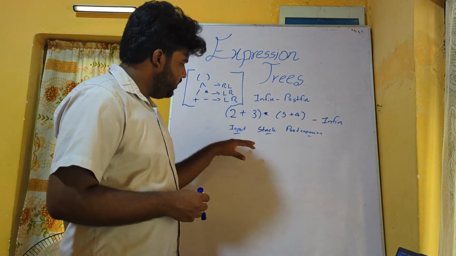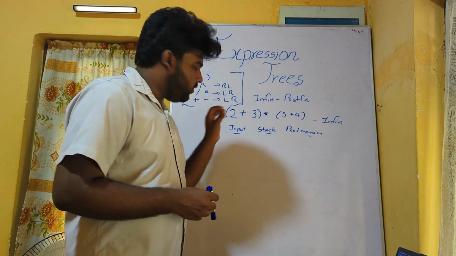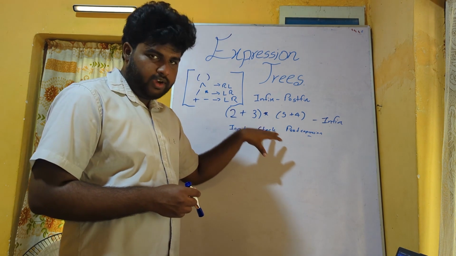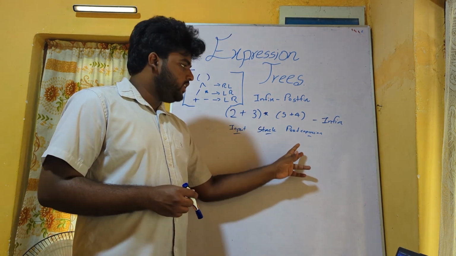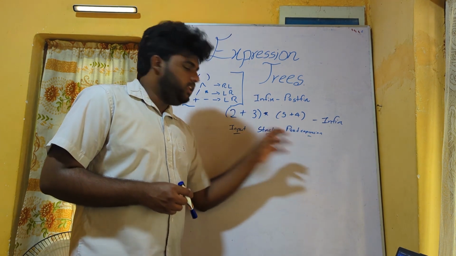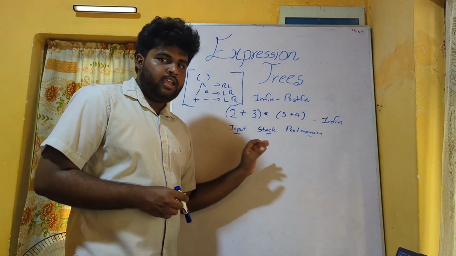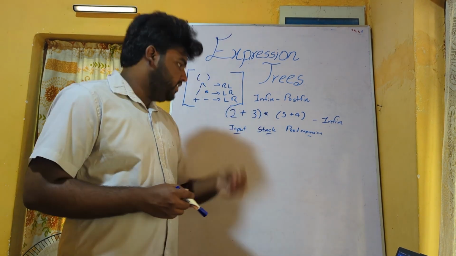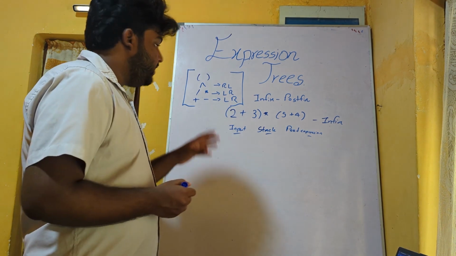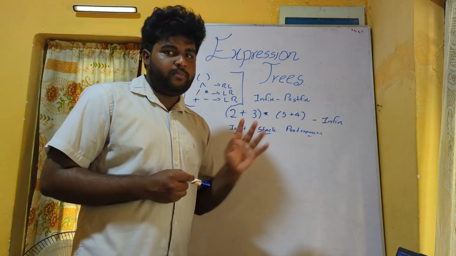But if the input operator's precedence is lower than the operator in the stack, then you need to pop the operator from the stack and add it to the expression, then push that operator. I'm sure you will understand that once we are done with this example. So let's start. And there are also special rules for the parentheses.